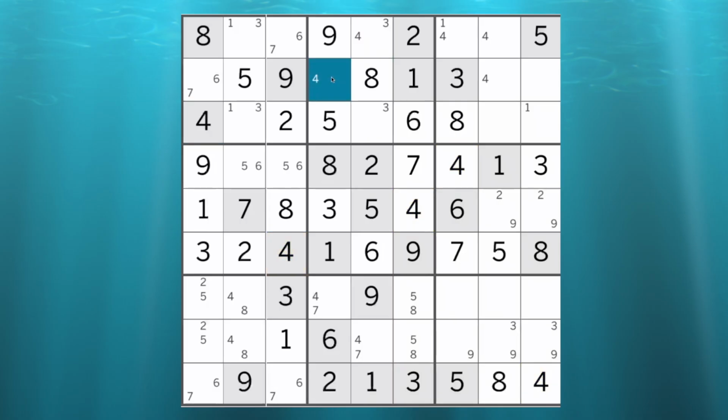And I don't have anything keeping those from being a 7. Okay. This can't be a 5 anymore because we just added that 5. So there's our 6 and our 5.